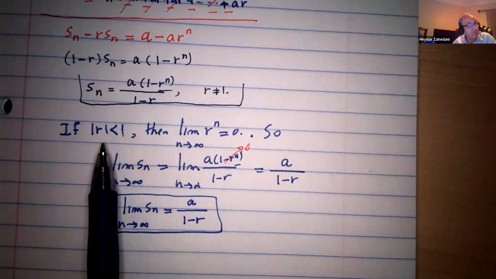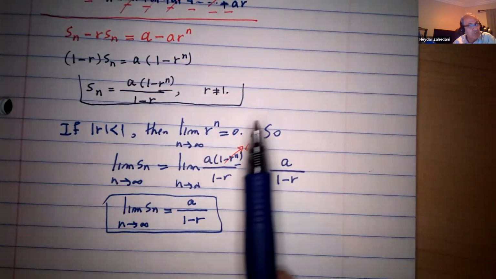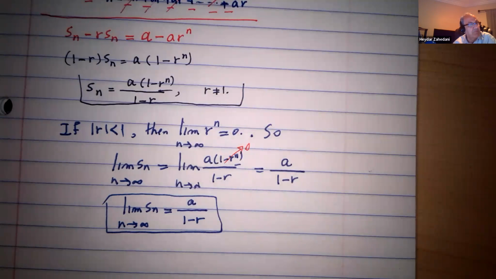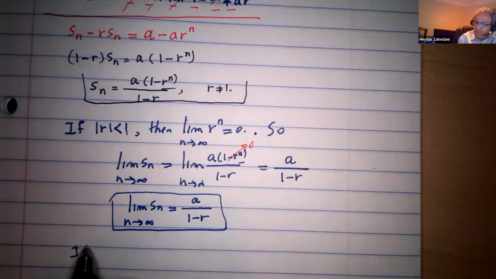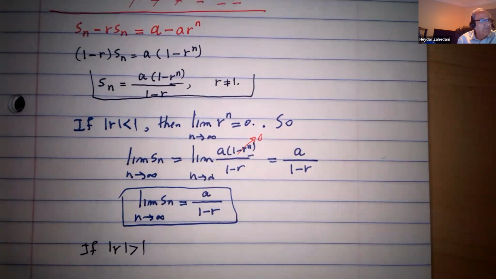If the absolute value is bigger than 1, meaning R is a big number, when you raise it to the 4th, to the 5th, that number is getting bigger and bigger and bigger. So the second option is if the absolute value of R is bigger than 1. Okay, if this is bigger than 1, then you'll be in trouble.